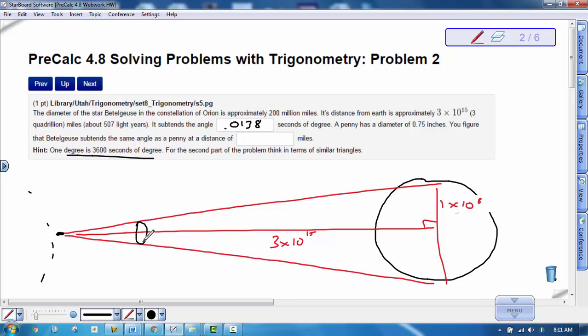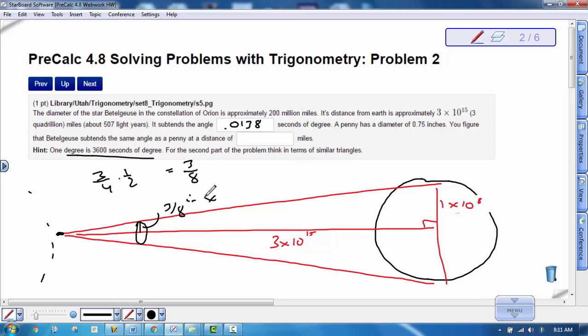So it gives us that the diameter of a penny is about 0.75 inches. That's this whole distance though, and I want half of that, so I'm going to do 3/4 times 1/2, which is 3/8. So it's 3/8 of an inch right here. But I also need to convert that to miles, because we're in the units of miles here, and the question asks how many miles.